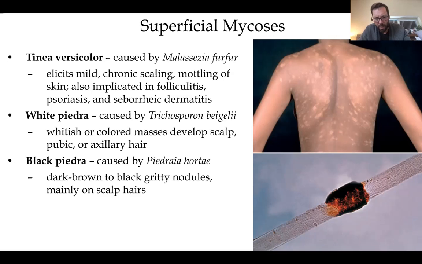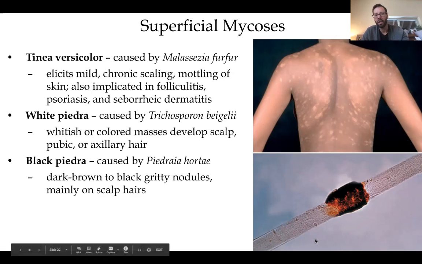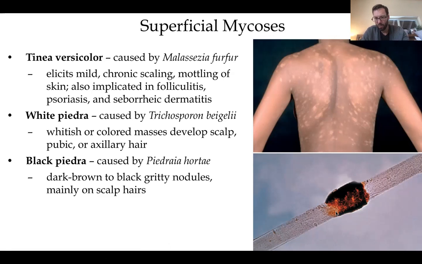So again, a few different examples of superficial fungi, meaning it doesn't penetrate into the body. Black Piedra is going to be a fungus that actually lives on your hair. So this bottom picture is a hair follicle, and it's going to have this little nodule that it forms around that hair. I don't know really how visible that is, but it certainly is not going to lead to a nice flowy mane of nice hair.